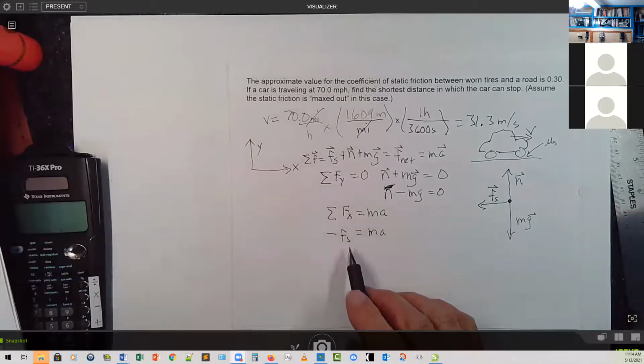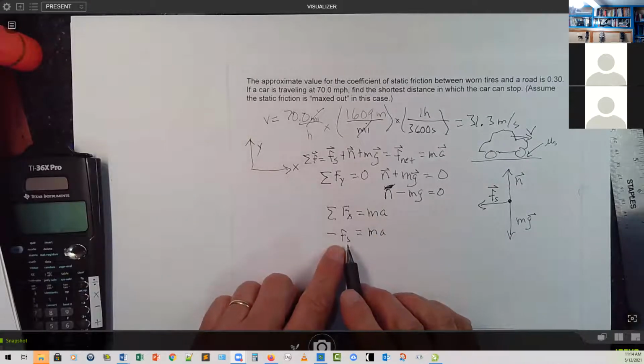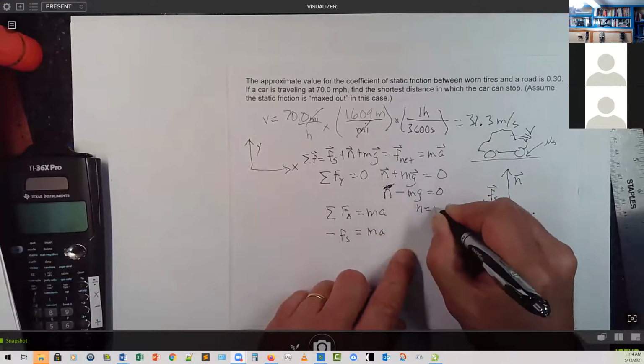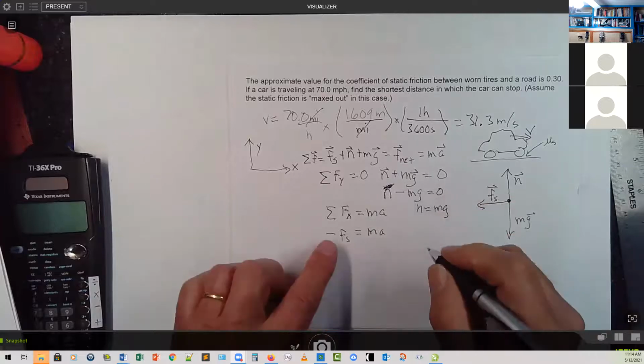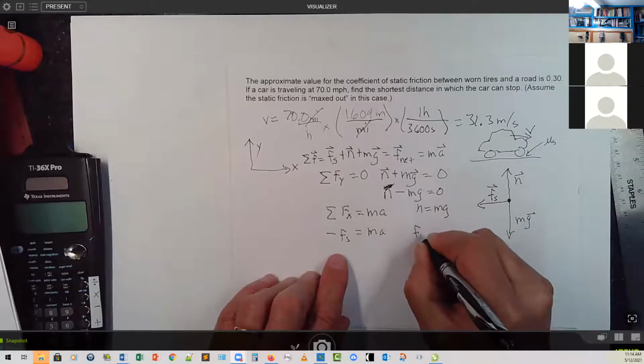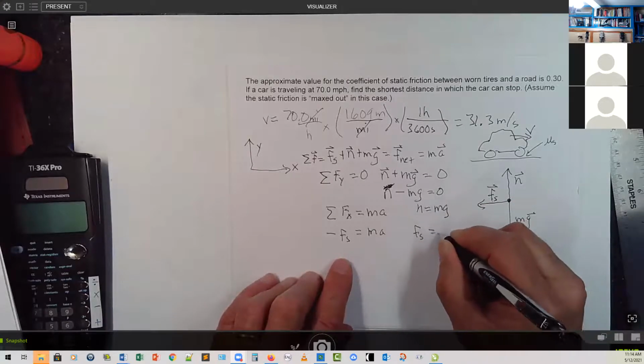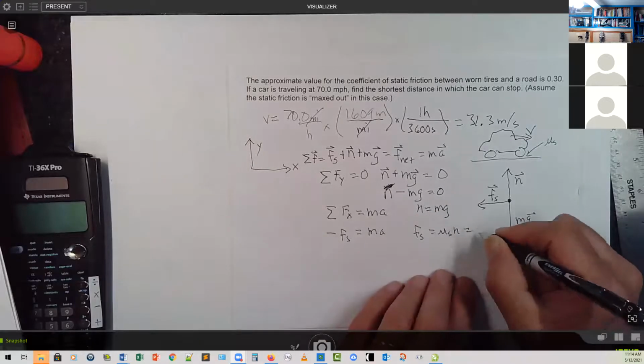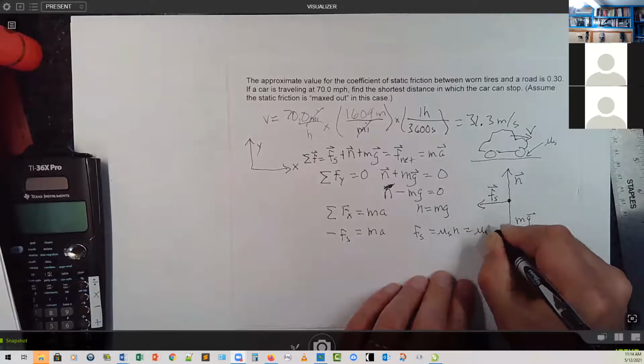Now that static frictional force is equal to mu sub s times N, but N is equal to mg. So the static frictional force in magnitude is mu sub s mg.